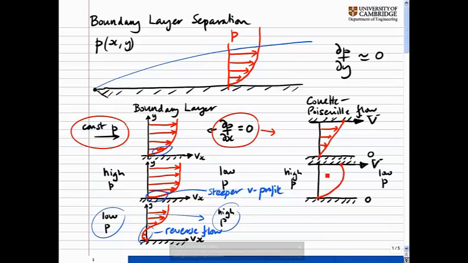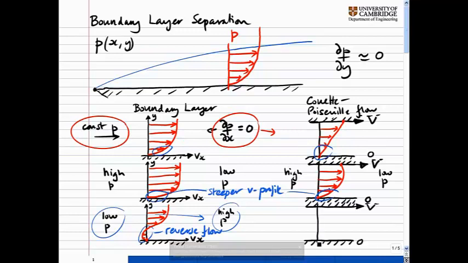So the velocity vectors moving in that direction. And note we have exactly the same thing as we had for the boundary layer. At the base of the wall we have a steeper velocity profile in the case with a favourable pressure gradient than we did in the case up here with no pressure gradient at all.